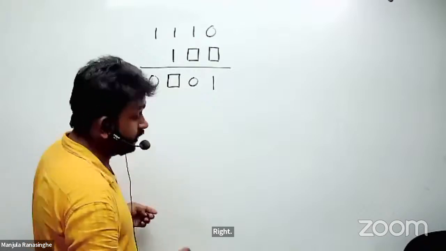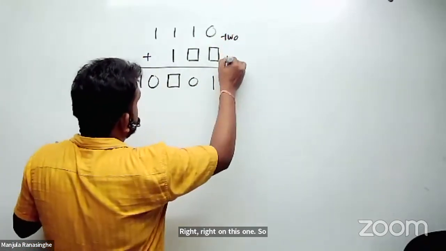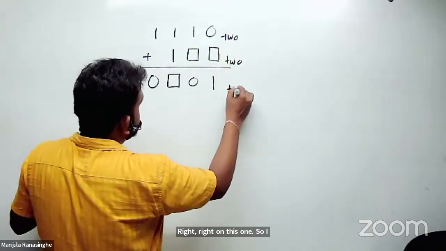Right, write down this one. So addition of binary, base 2, fill in the blanks.